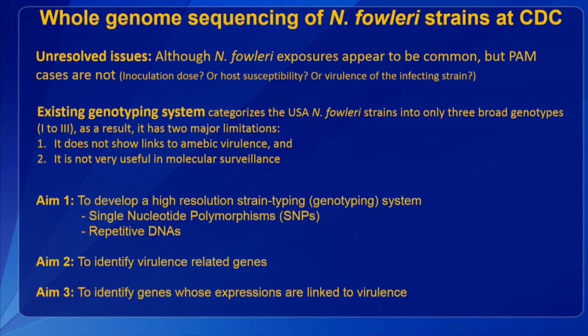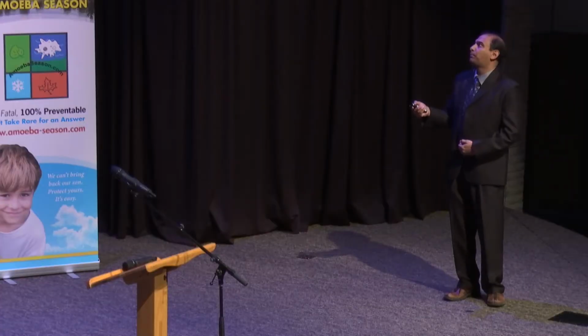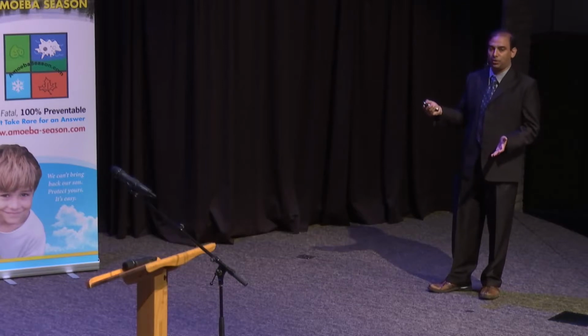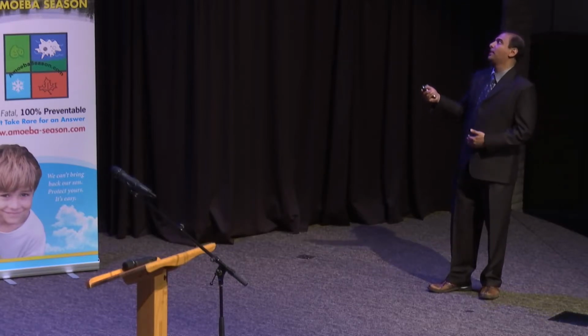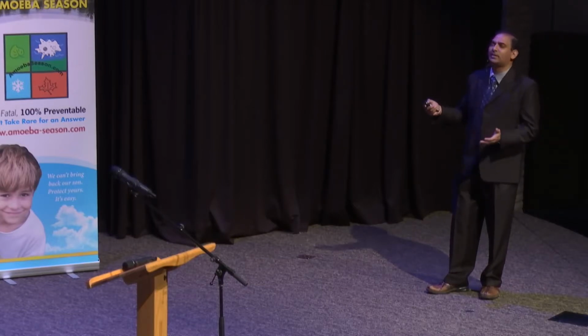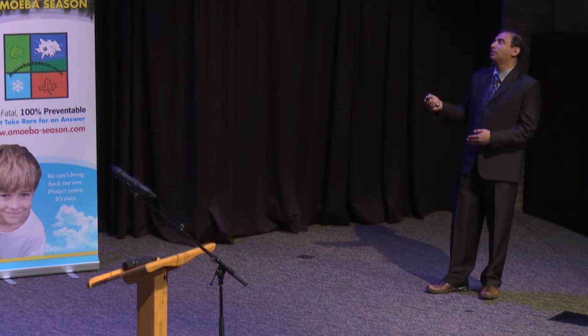So at CDC, we are trying to understand why, although Naegleria fowleri exposures appear to be common, the PAM cases are not so common. We think it's linked to the inoculation dose of the amoeba, host susceptibility, or virulence of the infecting strain.